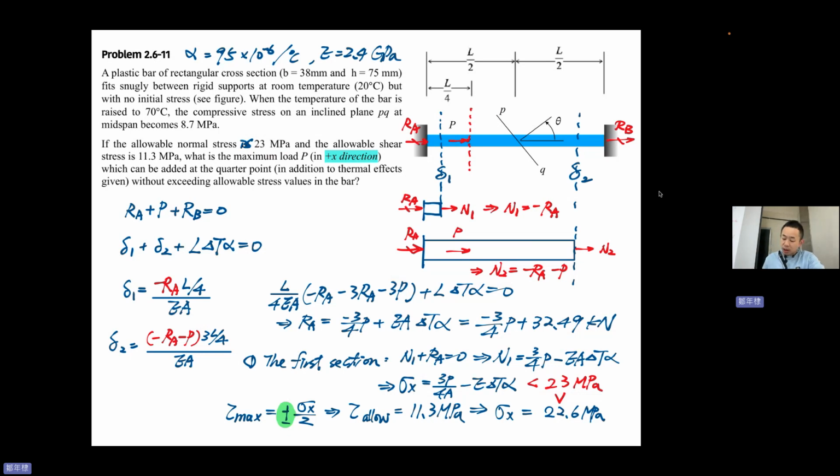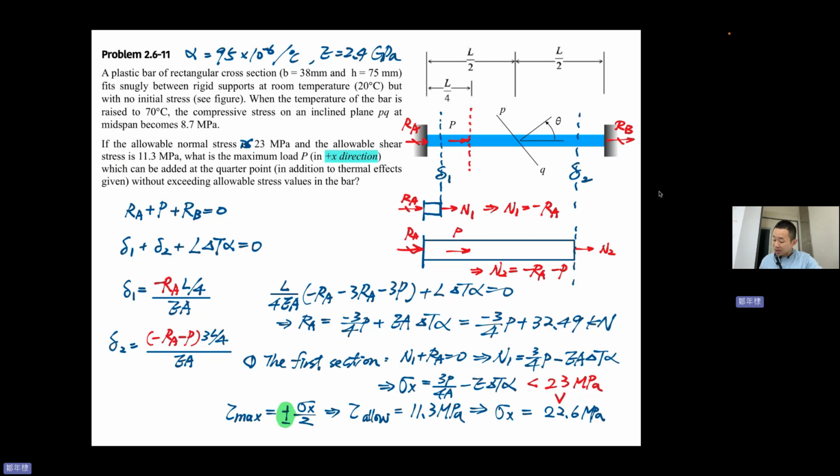However, when we talk about the allowable shear stress, the maximum shear stress in this material will be half of sigma x, right? So if the problem says the allowable shear stress is 11.3, it means that sigma x equals 22.6 megapascal, and sigma divided by 2 will be 11.3, right?